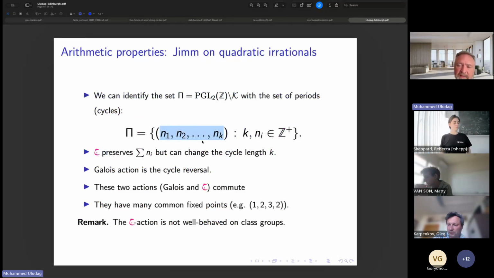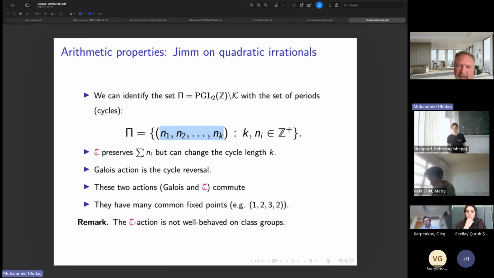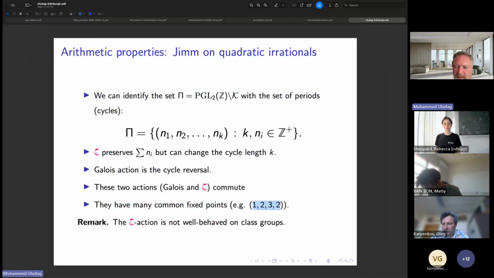So it preserves the sum, but it doesn't preserve the cycle length. The Galois action is simply the cycle reversal. And these two actions, by Jimm and the Galois action, commute. And they do have some common fixed points. For example, this cycle is a common fixed point for both the Galois action and the Jimm action.